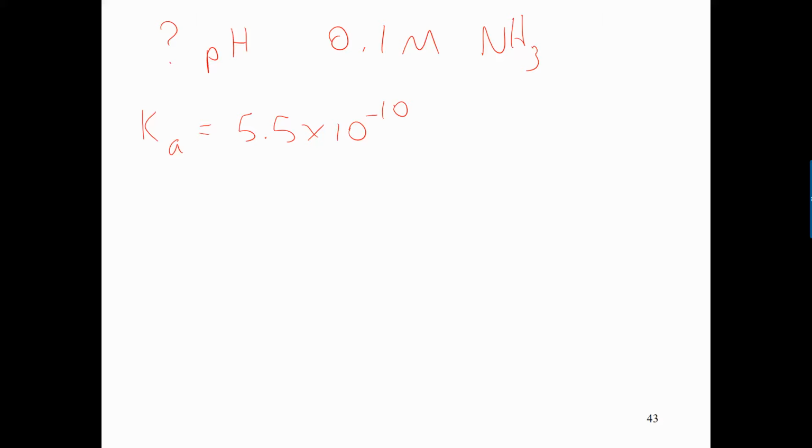That would be the general equation. So for ammonia, NH3 plus H2O produces in equilibrium NH4 plus, the conjugate acid of NH3, plus OH minus, because the water donates that hydrogen.